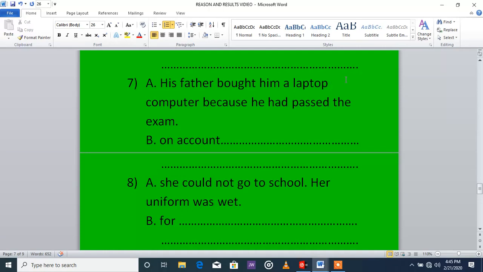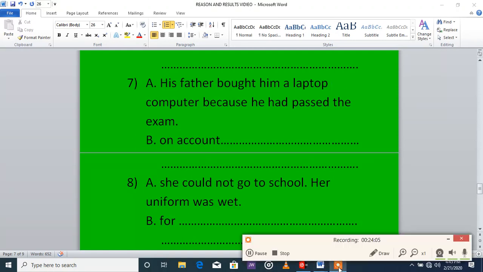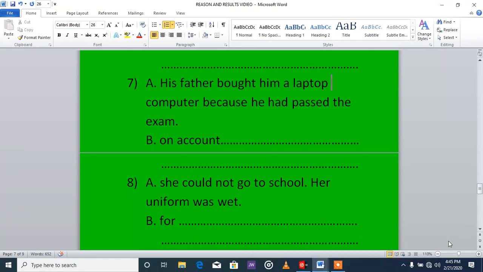Then begin with "on account". So how do we use "on account"? It means you just start by saying "on account of".